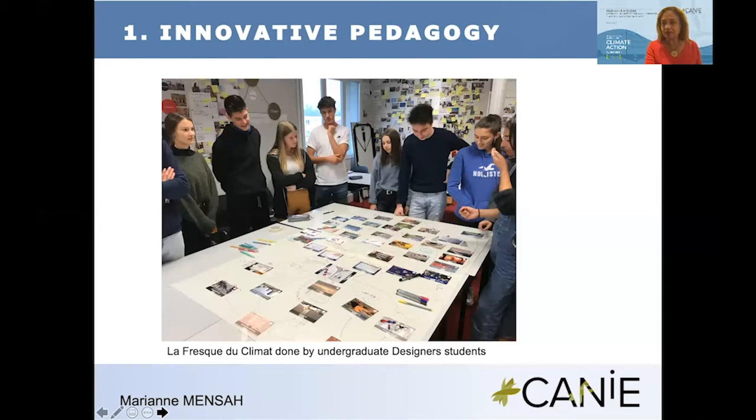I found them very interesting because they allow students to map the causes and consequences of climate change in a very interactive way. In doing so, they realize the complexity of global warming, but they don't do it alone. They are able to interact with their peers and discuss and really engage in the process.